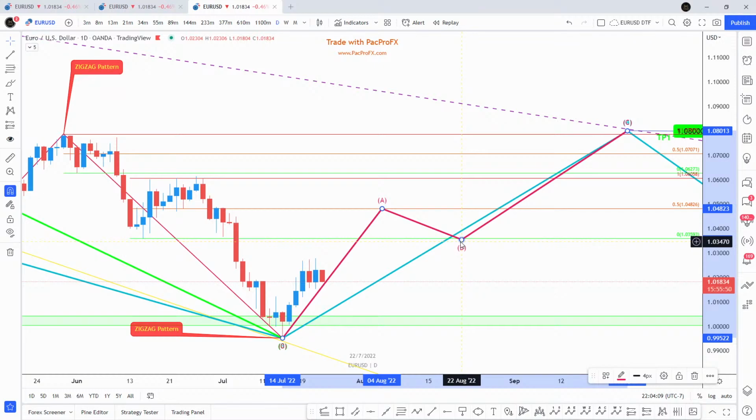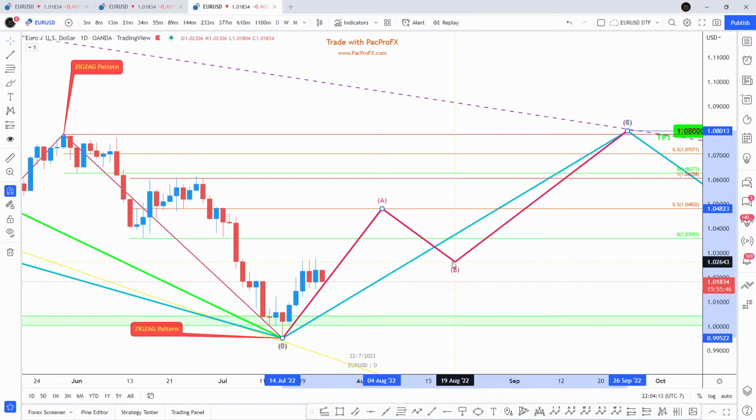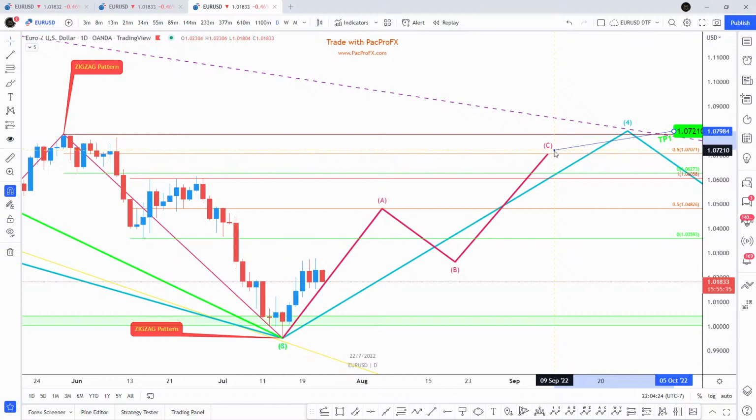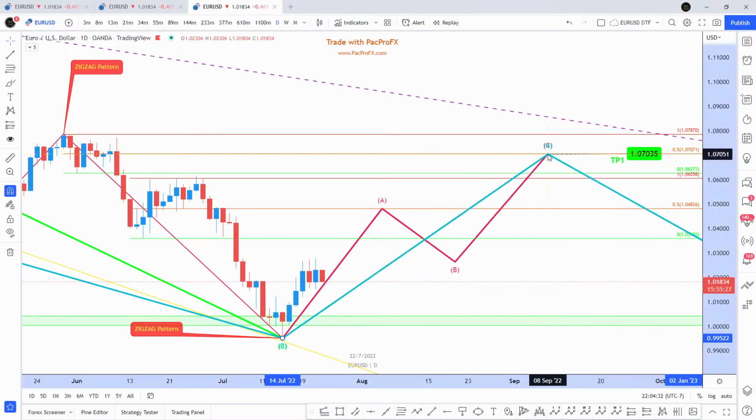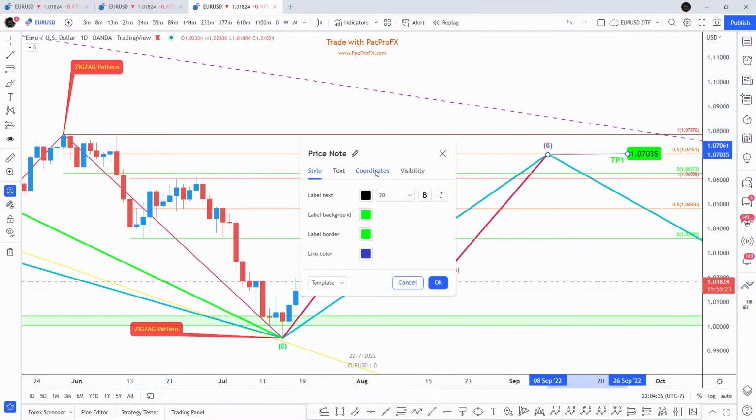Pullback here, and then this pullback will end up possibly down here, and then we'll have this end up at the 50% of that. So let's go here. I'll update those numbers. And believe it or not, this number is a little bit different.